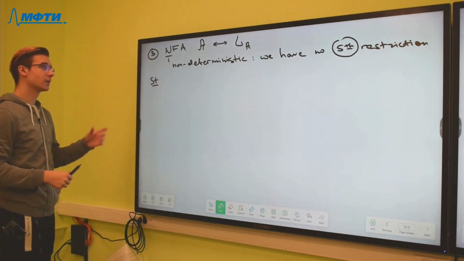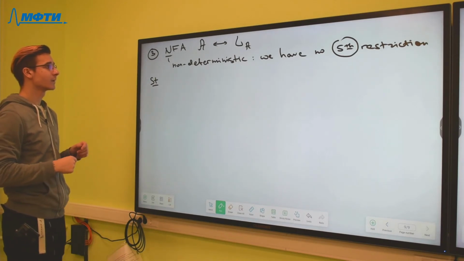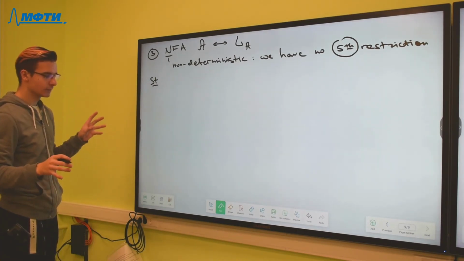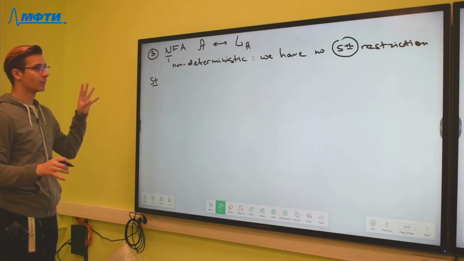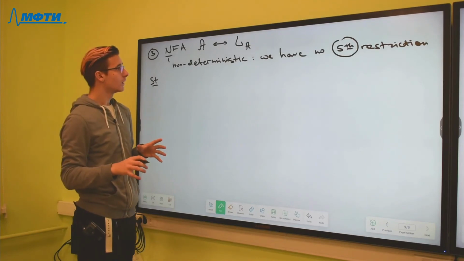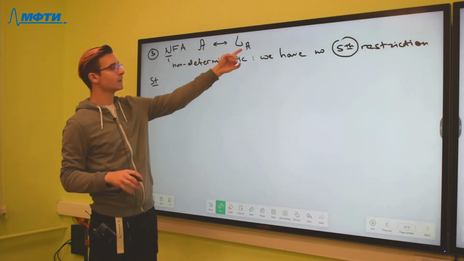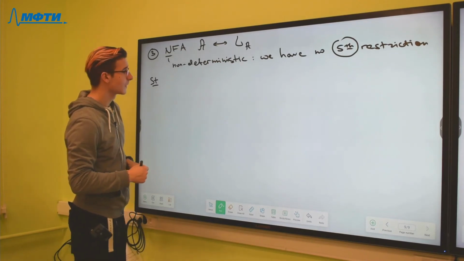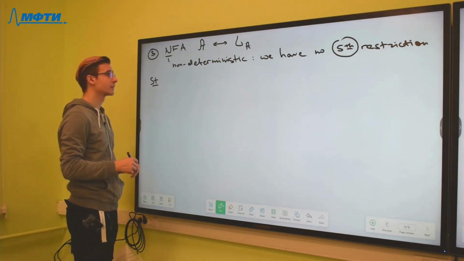As we said in the first part, all of the words that are equal to a path from the initial state to a final state will be in the language of the automaton.